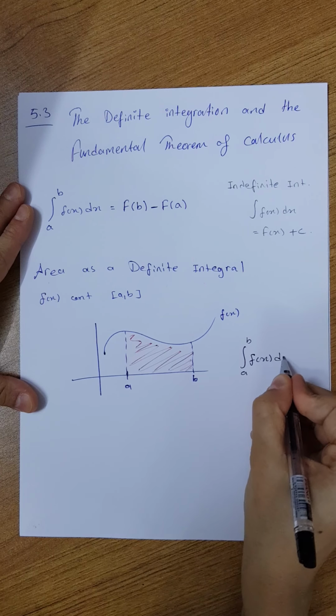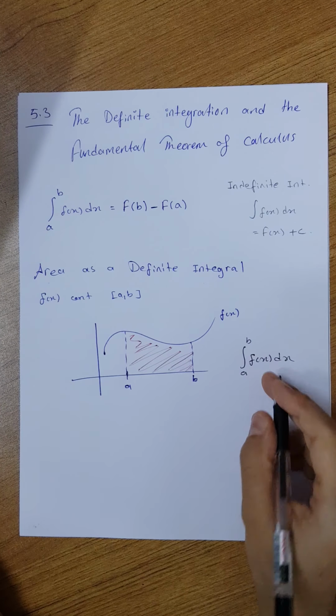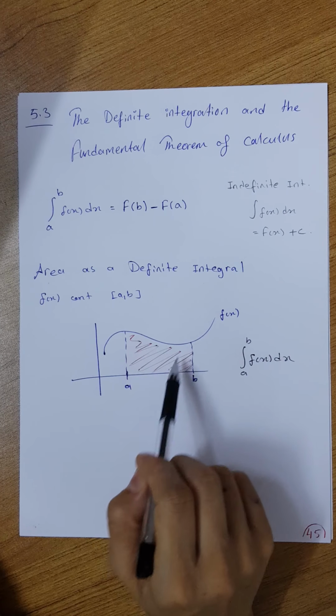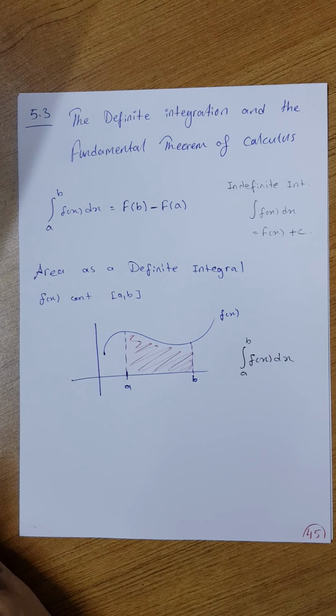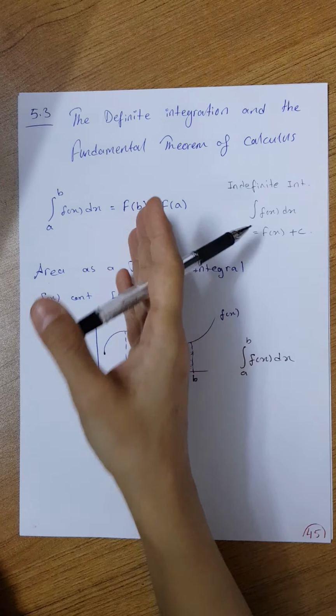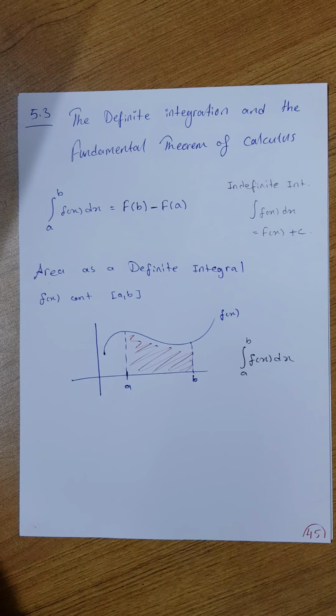When we see that integration, it means we are finding the area between a curve and the x-axis. That's called area as definite integration. Of course, you solve this as we have studied in indefinite integration.